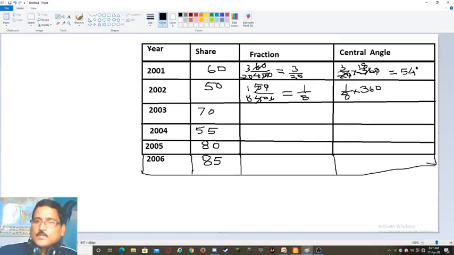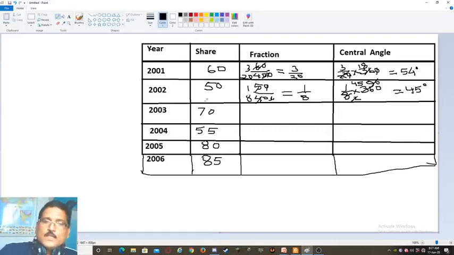How will you cut? If I cut it by 4, it is 2. If I cut it by 4, 9 2s are 90. Now again you cut to 45. That means it is coming 45 degree.